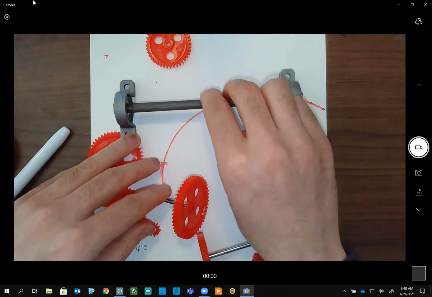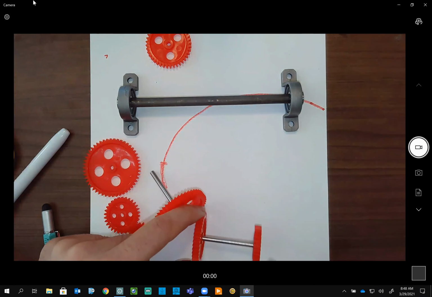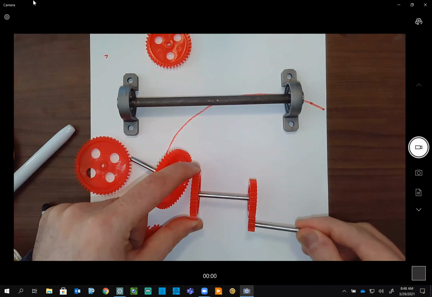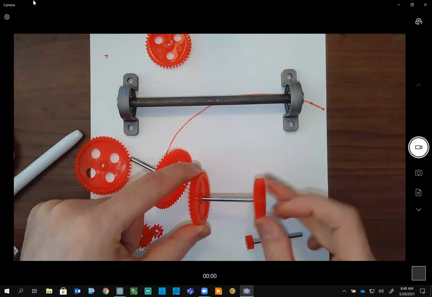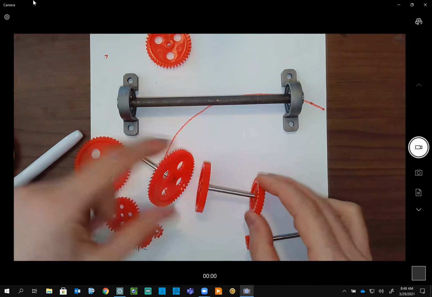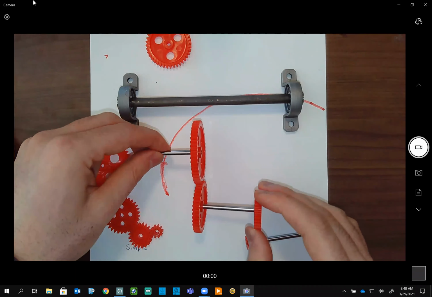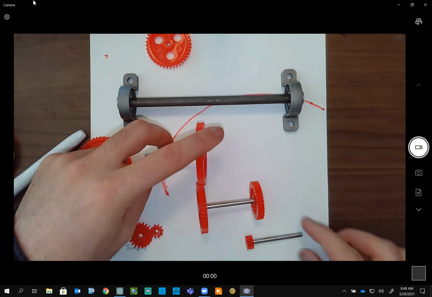Imagine that these shafts are on bearings. So the way it works, the first gear here transfers motion to these two. These two have a common shaft, okay? They have a common shaft, and then they transfer motion to the other one. So it's something like that.